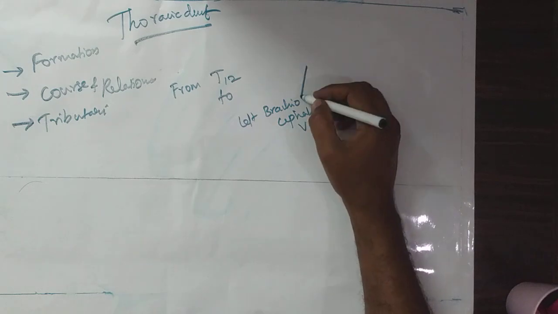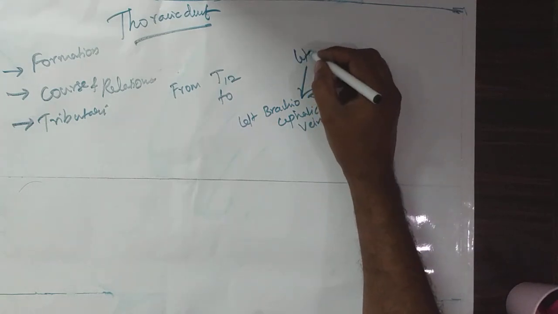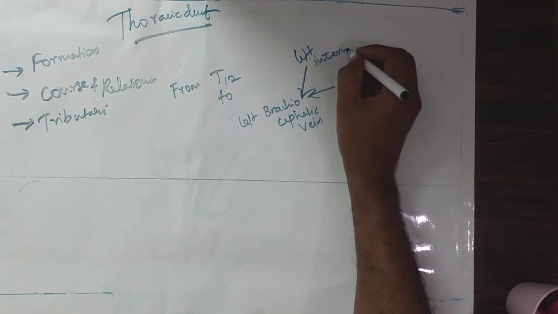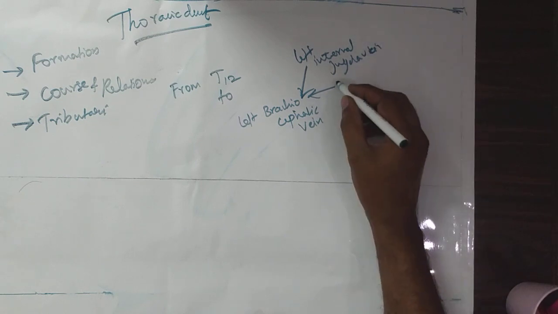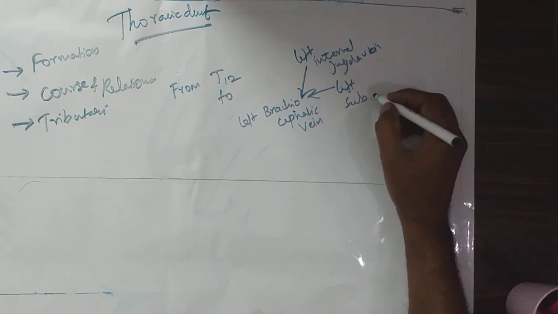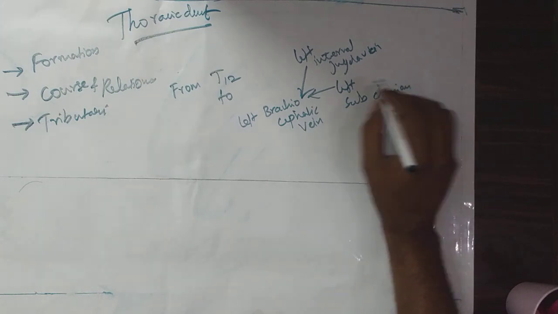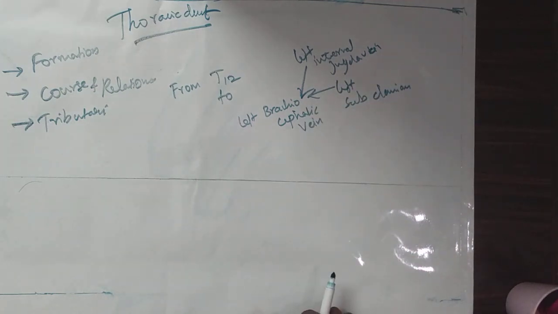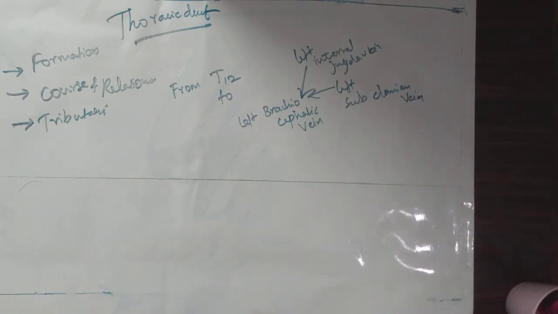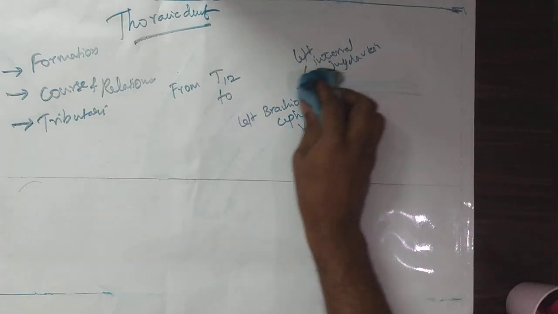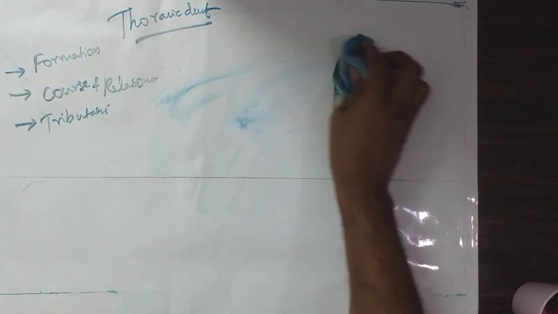So how is this left brachiocephalic vein formed? By the left internal jugular vein and left subclavian vein. So near this junction, where the left internal jugular vein and left subclavian vein are draining into the left brachiocephalic vein, there this thoracic duct is opening into that junction. So it's starting at the level of T12. Coming back to how it is formed, further we'll be seeing this.